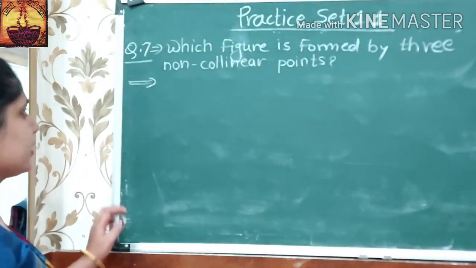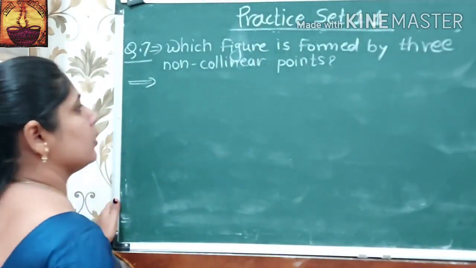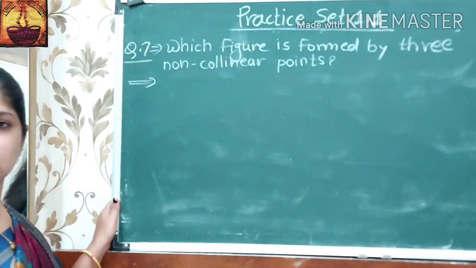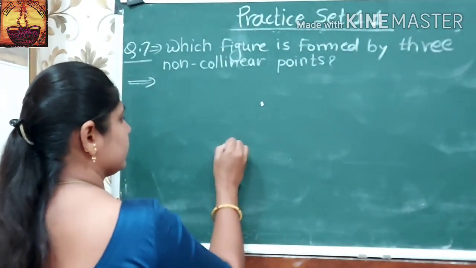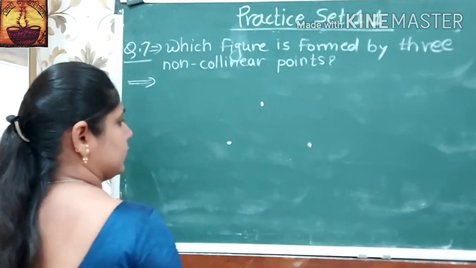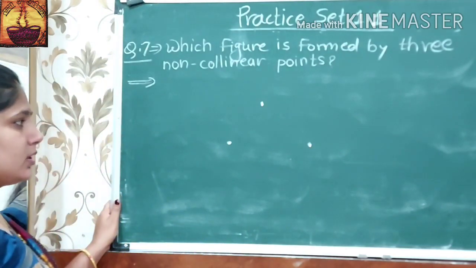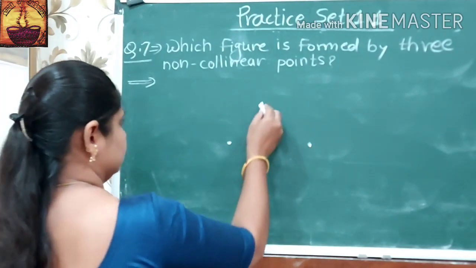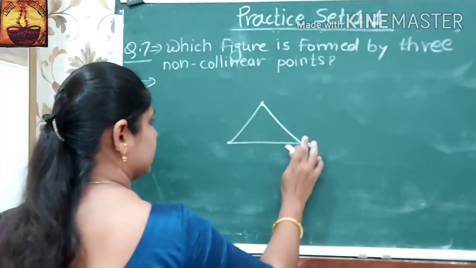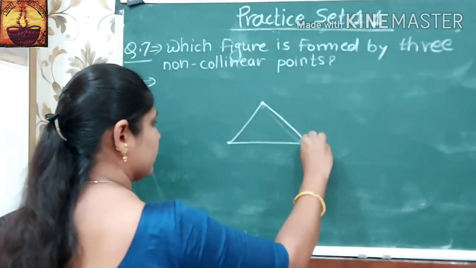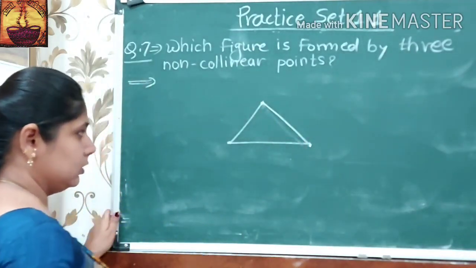Now, the seventh question is: which figure is formed by 3 non-collinear points? If we draw 3 non-collinear points and observe them, we say that the 3 non-collinear points form a triangle.